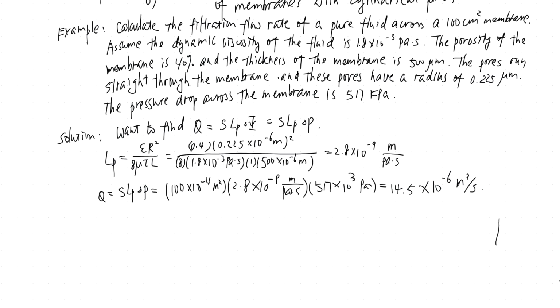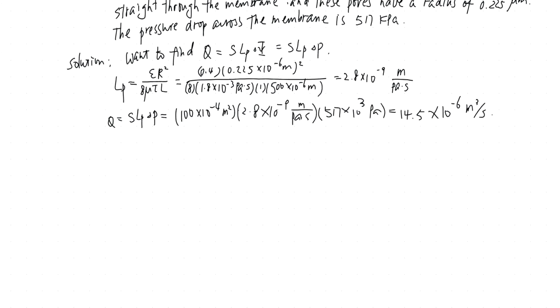So let's look at a scenario where the membrane pores are not cylindrical, but rectangular slit pores. This is also an approximation or estimation, because in reality, the gaps formed by the endothelial cells may not be that regular.